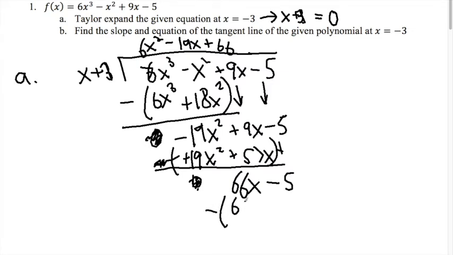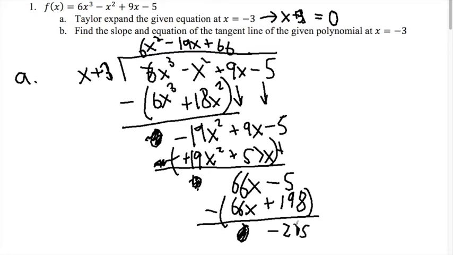So we get 66x plus 198, which would be 0, so we disregard it, and the value remaining is minus 203. And clearly you can't simplify anymore.